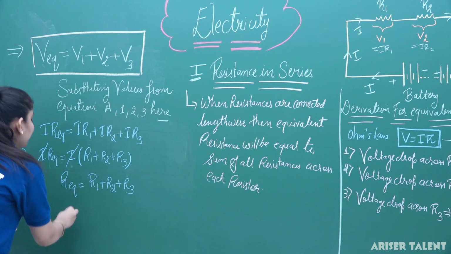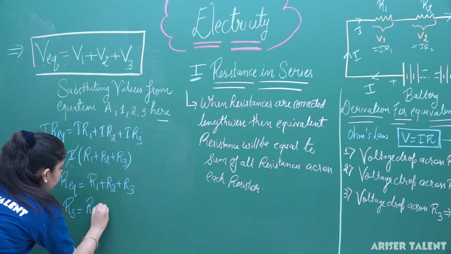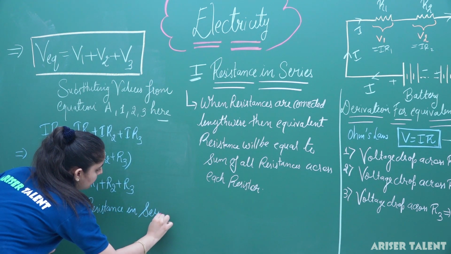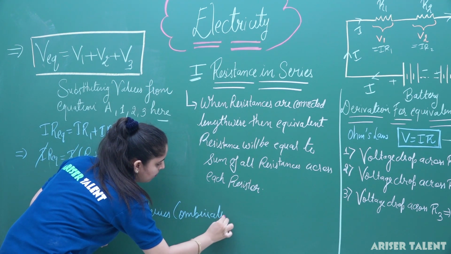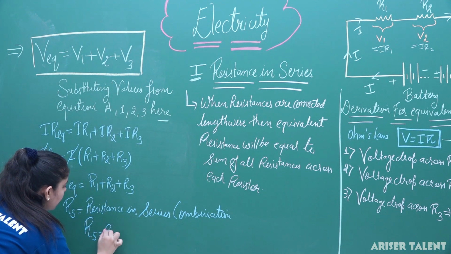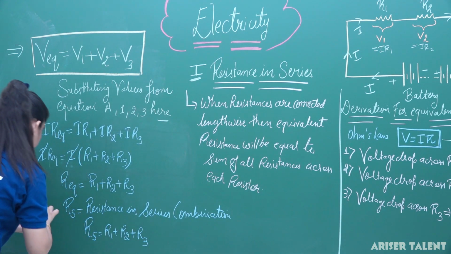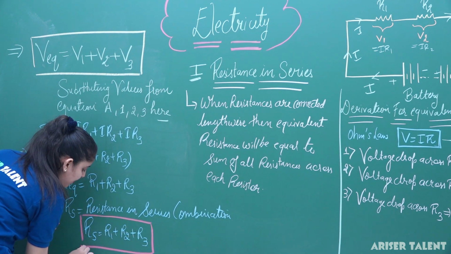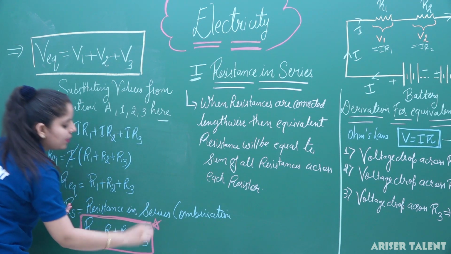So, this R equivalent is actually the resistance in series, that is RS. And this RS will be written as R1 plus R2 plus R3. So, this is the basic derivation and important formula we are getting for the series resistance we have.